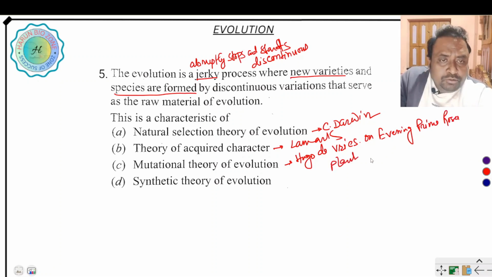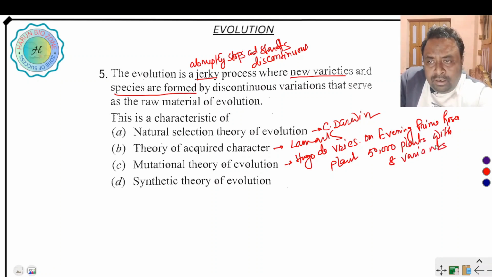He produced 50,000 plants with 8 variants. The mutation theory of evolution is the correct option.